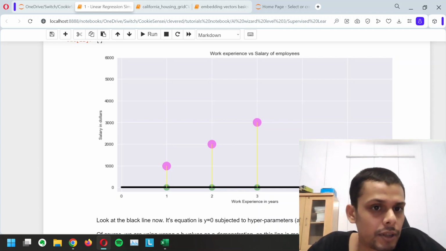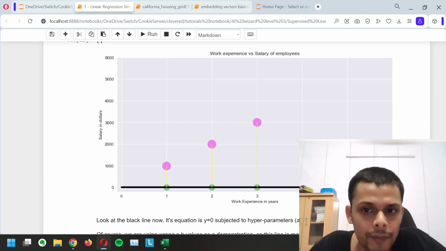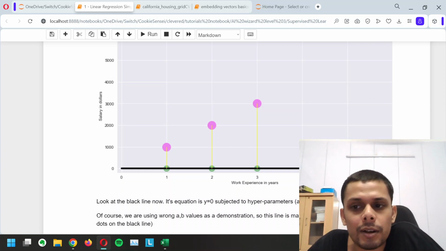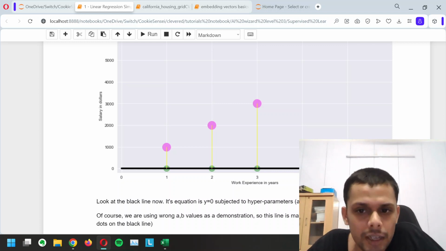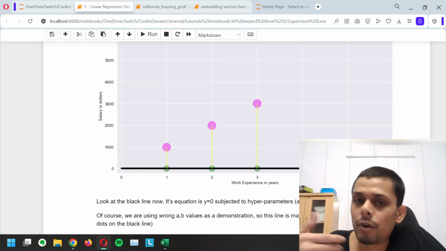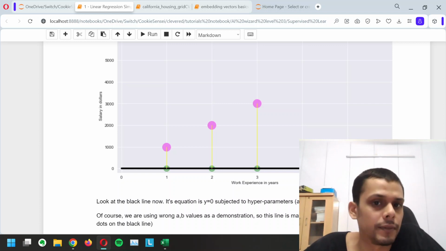No matter the value of your experience, the salary in dollars is always 0, which is kind of stupid to think. But the point is, we are not at the stage of making predictions. We are at the stage where we are evaluating the cost, how much error my model is making, and how the model training process is going on. That's what we are after at this stage.